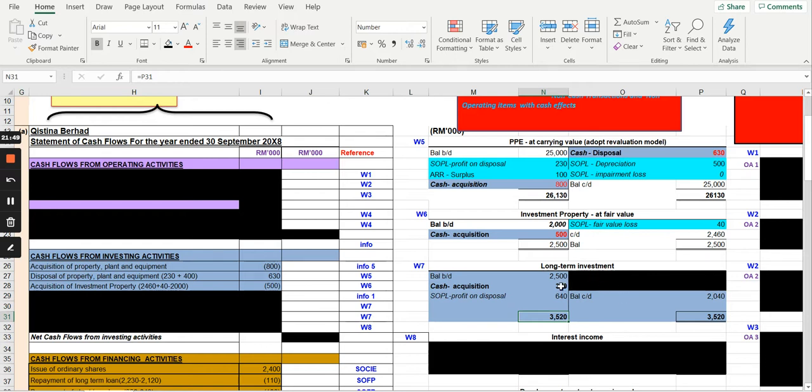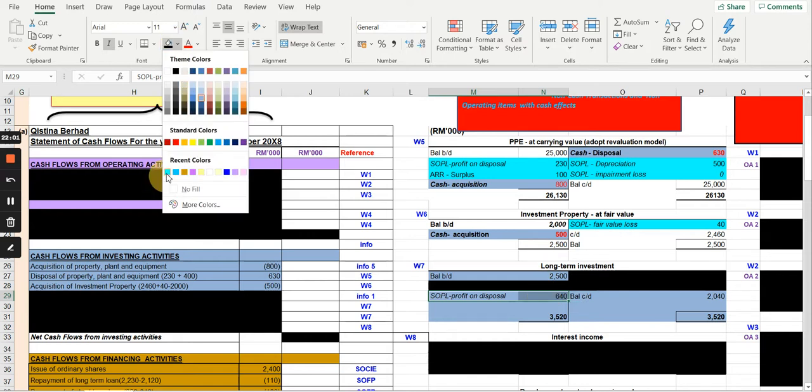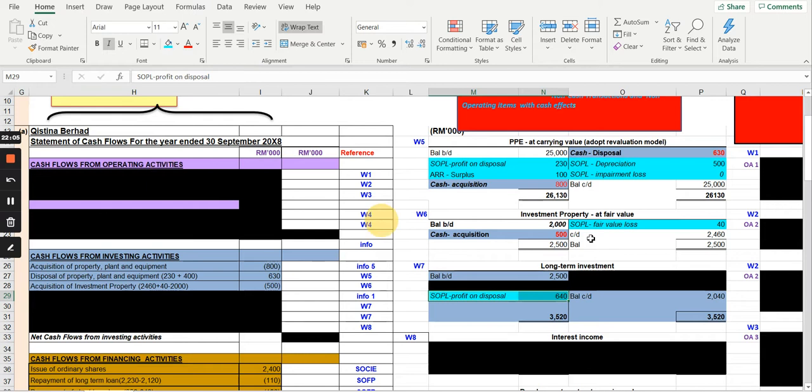So if you look at this side, the profit given was 640. Where do I get this? From the profit or loss. And remember, this is a non-cash item, so I will color code that as blue. You don't have to do this actually if you are already well versed, but this is a learning process, so I'm doing that. But if it's for exam purpose, you can skip.